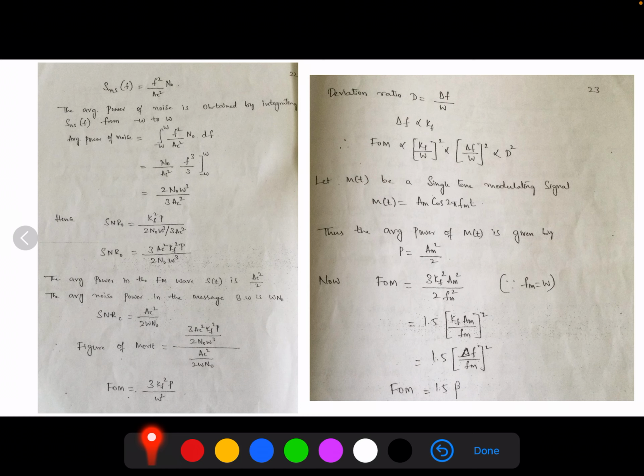So in wideband FM, the transmission bandwidth BT is approximately proportional to the deviation ratio D.